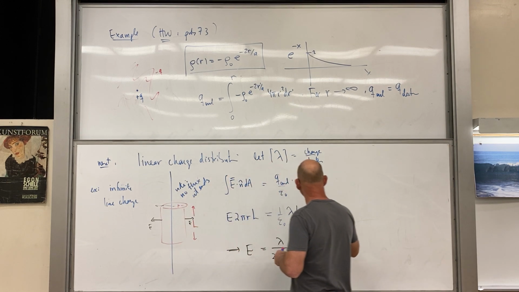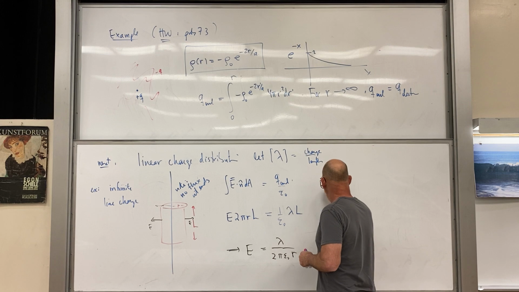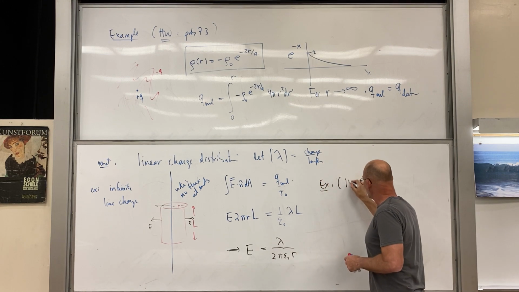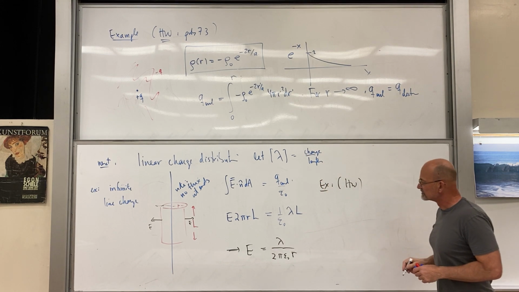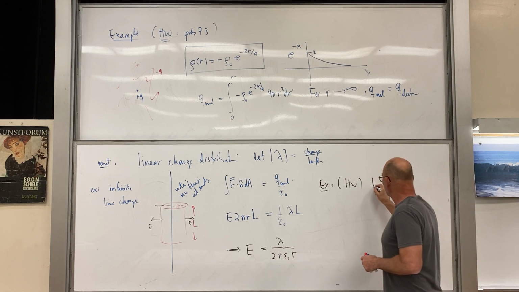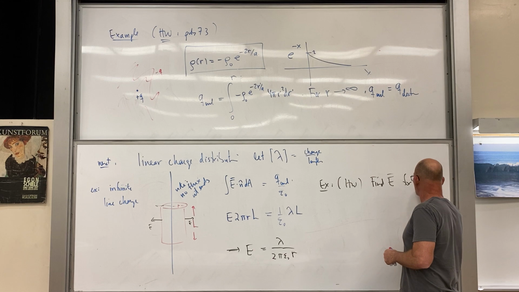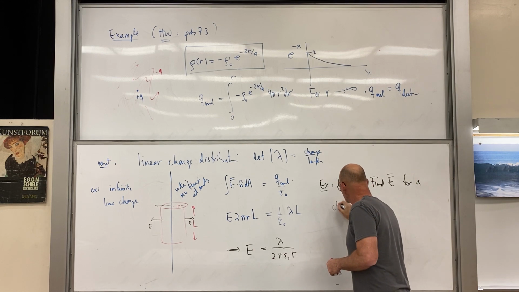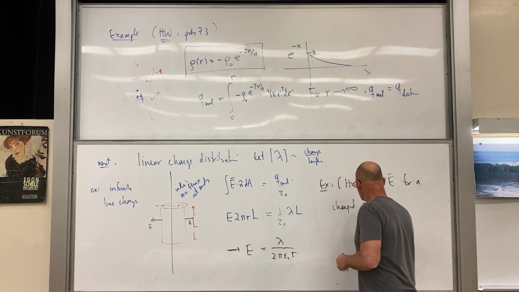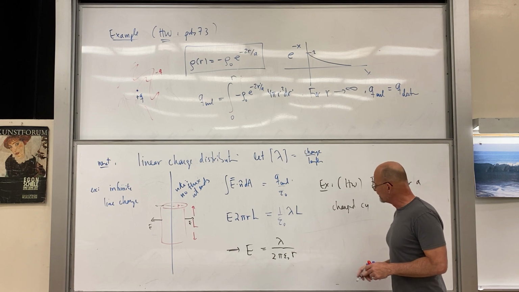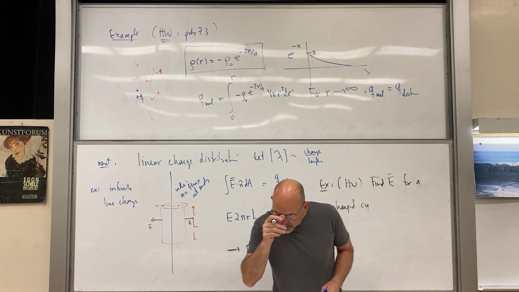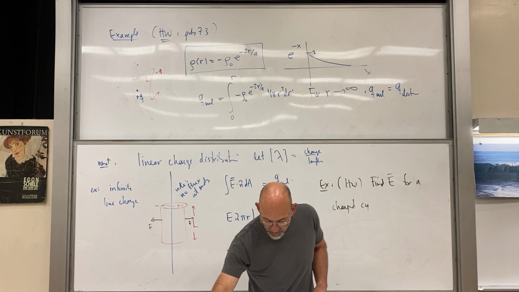Okay. So my next example, and there will be a homework problem of this type, is find E for a charged cylindrical shell. I'm thinking that's the one I decided on. Let me consult here.